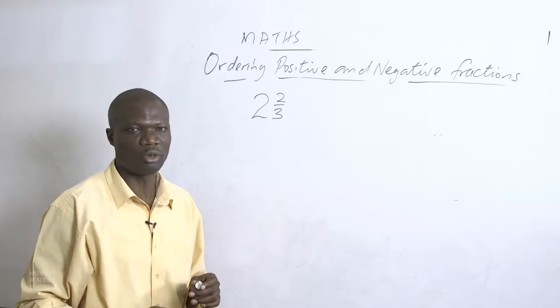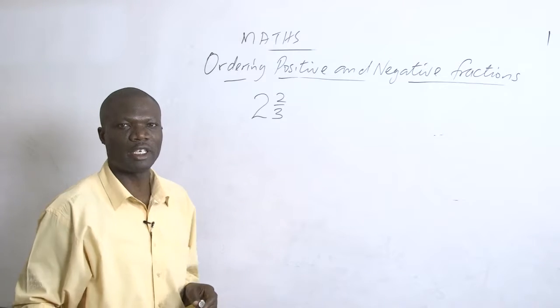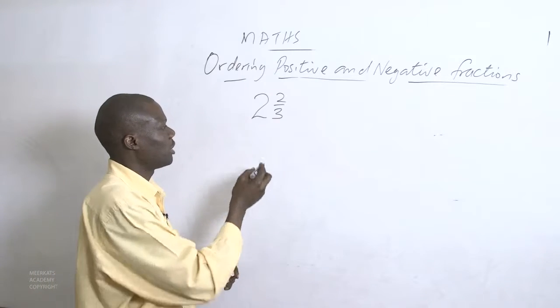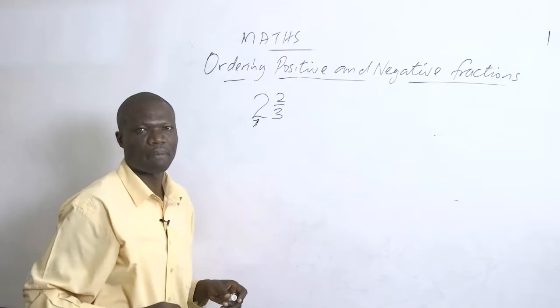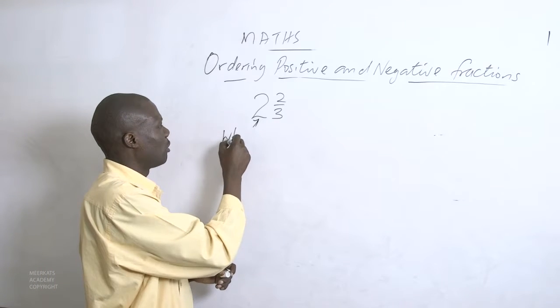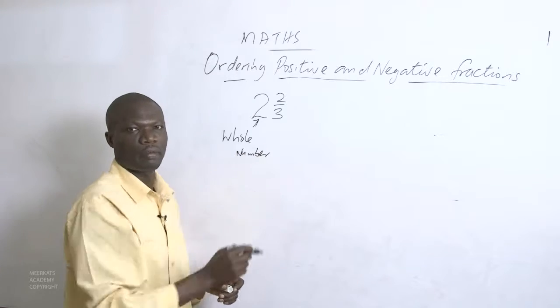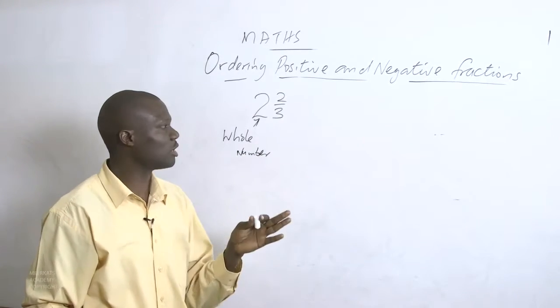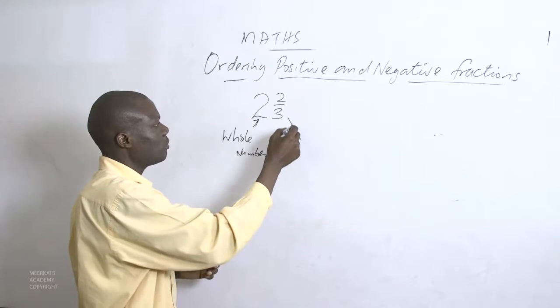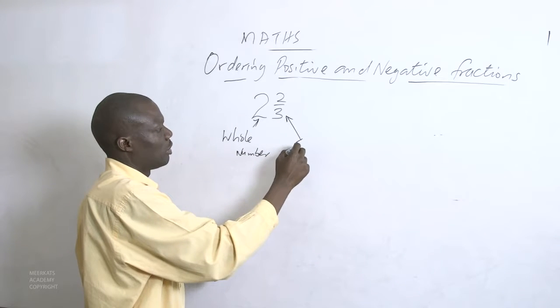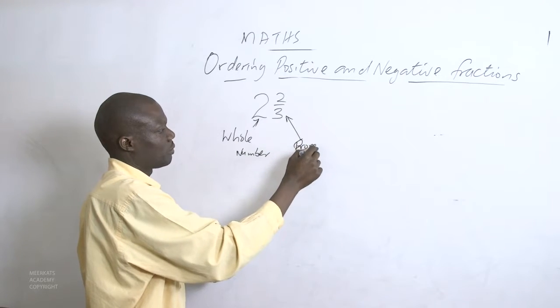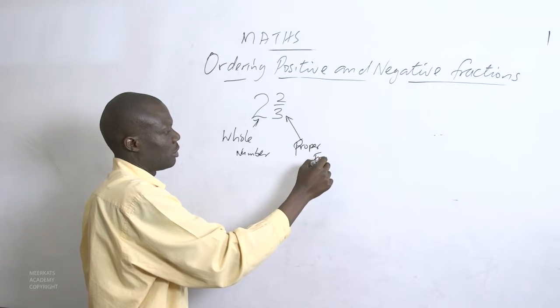We realized that a number like 2 and 2 over 3 is a mixed numeral, which implies that it has two parts. One part is the whole number, and the next part is a proper fraction.